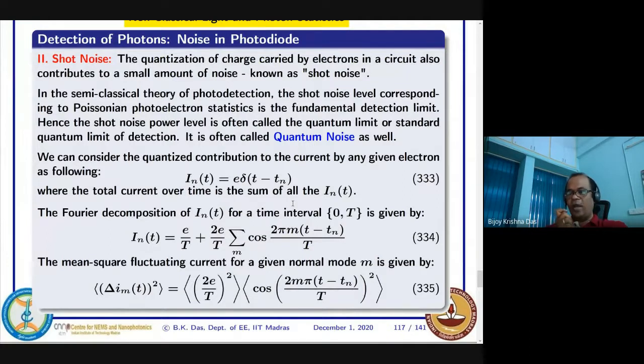Let us consider the photodetector or detection system is such that only electrons you are counting. One photon comes and then you get one electron pulse, and that quantization of charge, when it is carried in the circuit, contributes a small amount of noise.